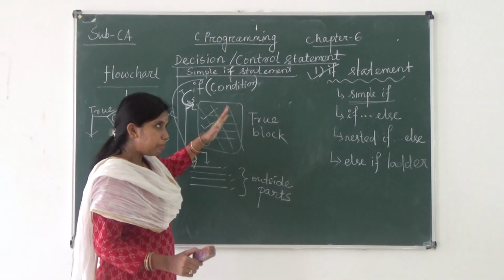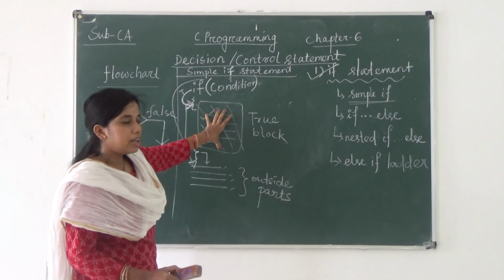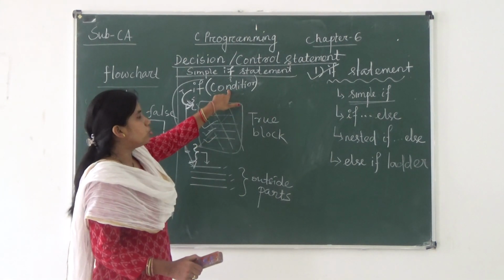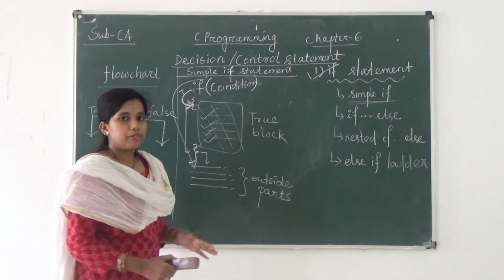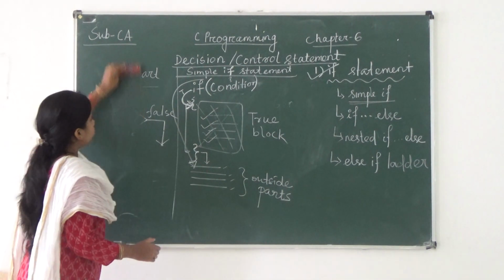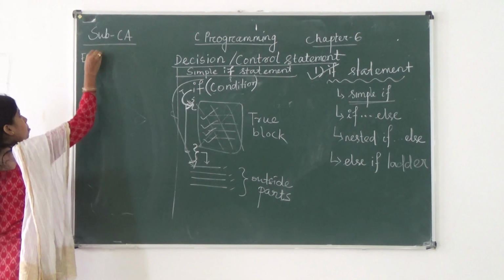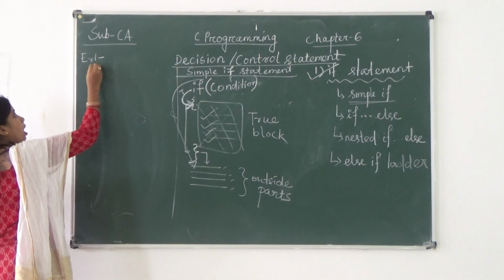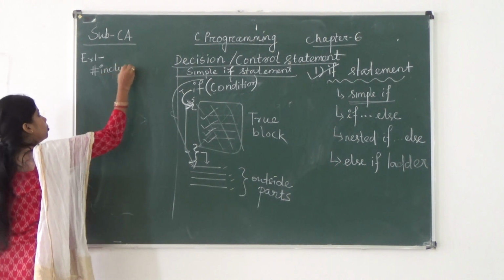So in simple if statement, only the true block is there. It is executed if the condition is true, and not executed if it is false. The outside part is executed in both cases. Now I am writing one simple example where we will see how this simple if statement gives output.